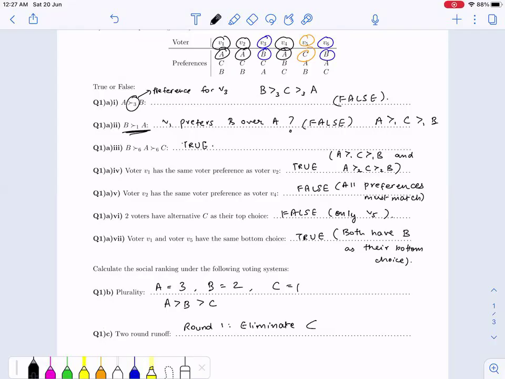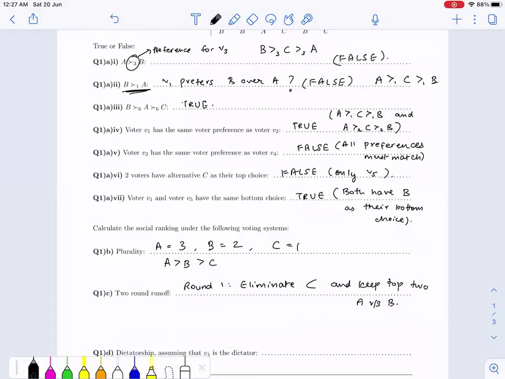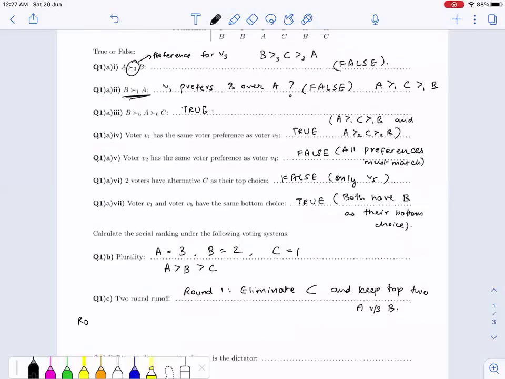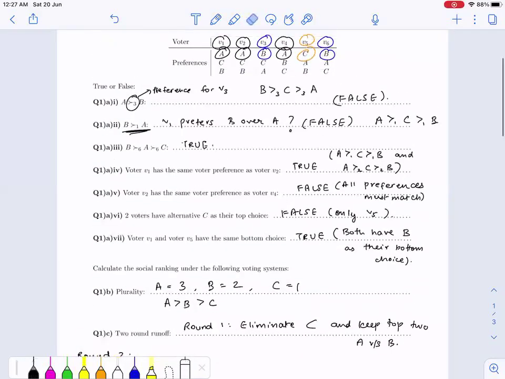So eliminate C and keep the top 2 alternatives, A and B. After eliminating C, in round 2, you redistribute the votes, meaning that you just ignore that the alternative C ever existed.